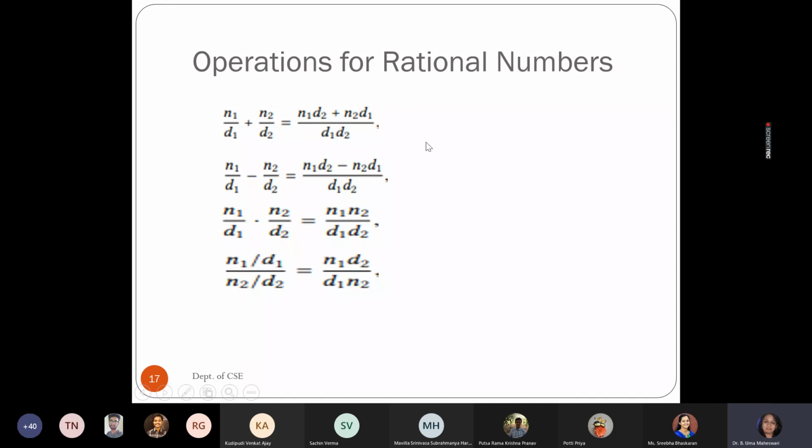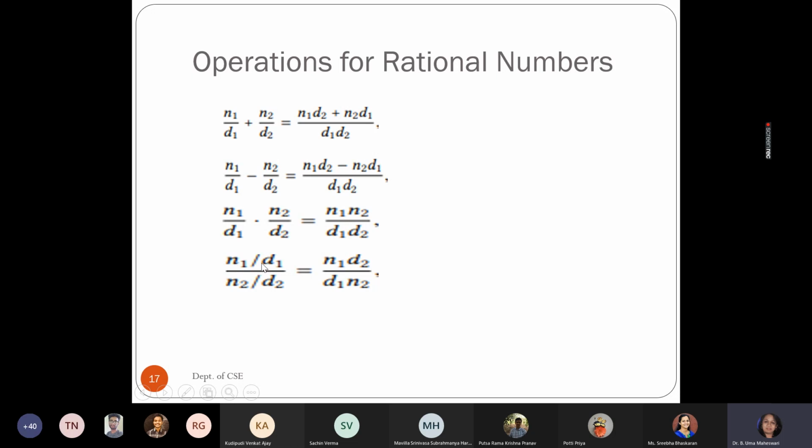This is the usual practice from school level. If you want to subtract two rational numbers, it is similar. If you want to multiply, numerator and numerator are multiplied, denominator and denominator are multiplied. This is the output.